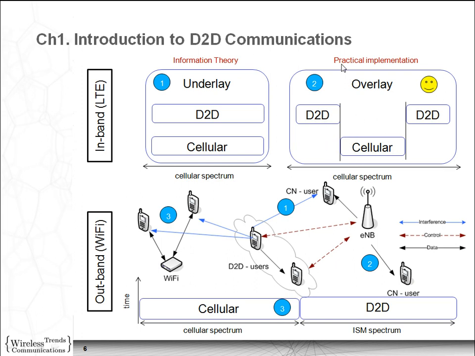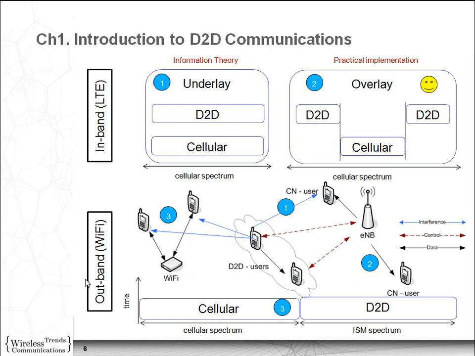It's way more practical, because, I will mention this in the next slides, if you consider just part of the resource blocks for D2D or for cellular, it's way easier to control interference. You don't need to worry about these kinds of scenarios, and this is way easier for practical implementation. So this is happily the way that the people developing the standard are thinking about this.